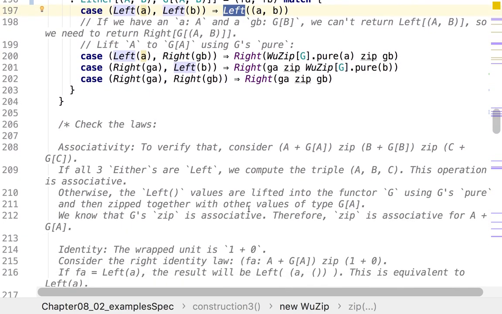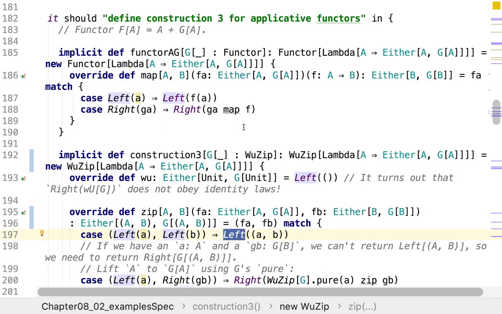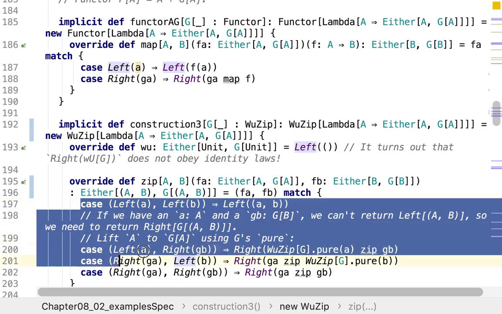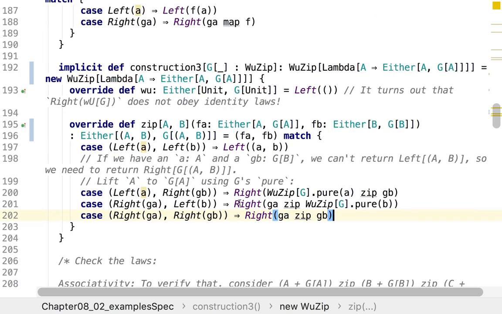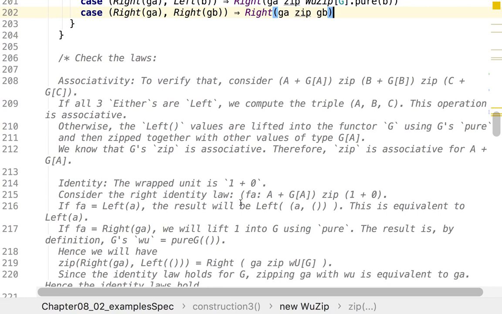Let's check associativity. Now, to verify associativity, we could have just written F A zip F B zip F C, and substituted this code, but that would be very cumbersome, because there will be 8 cases to consider. It will be a lot of writing and work.